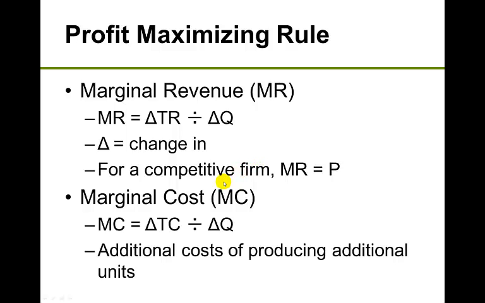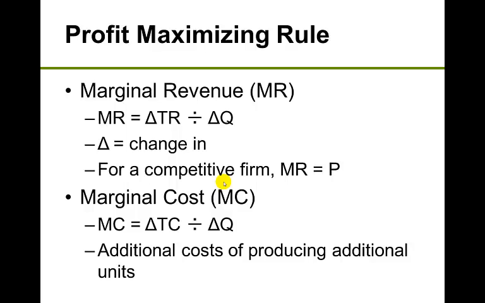Marginal cost has a similar definition. It is the change in a firm's total costs for changing quantity. So you can think about marginal revenue as if you decide to sell a little bit more, how much will your revenue change? You decide to sell a little bit less, how much would your revenue change?